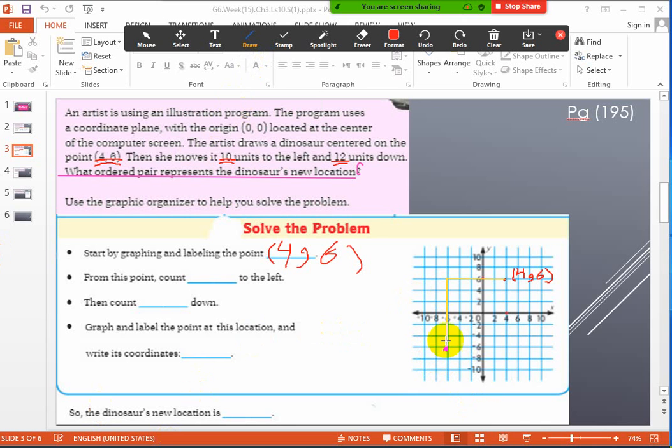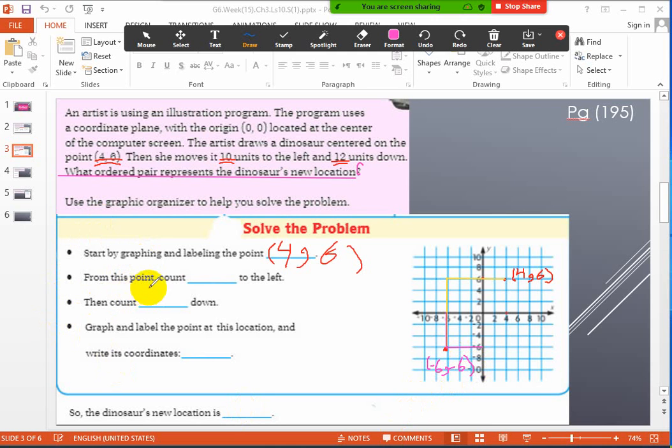How will I find the ordered pair? I will take a vertical line. It will intersect the x-axis at -6, and a horizontal line will intersect the y-axis at -6 also. So the new point for this dinosaur is -6, -6. And this is the solution.